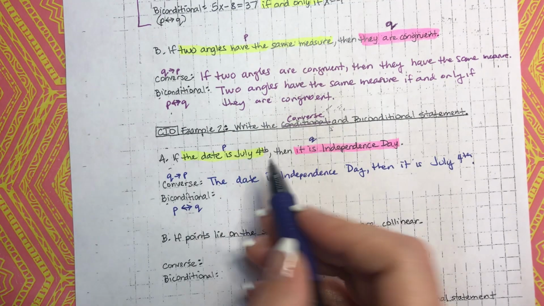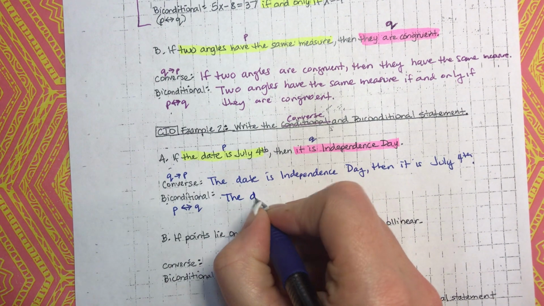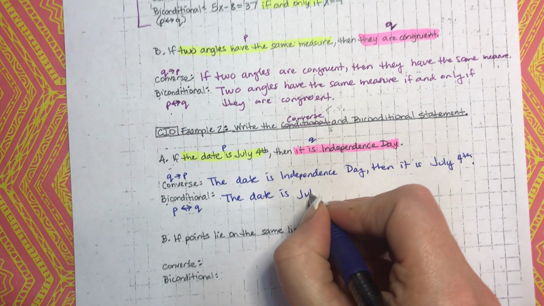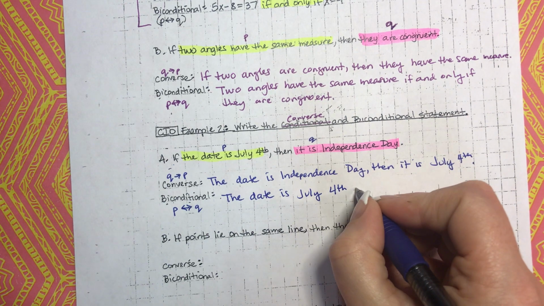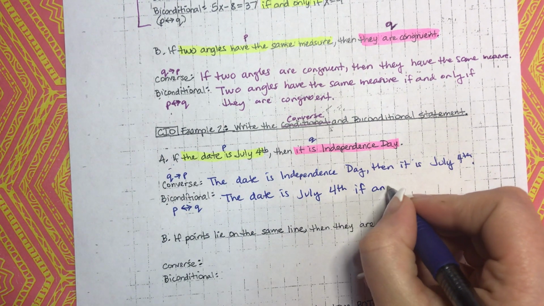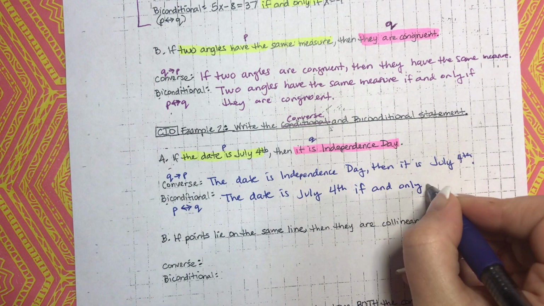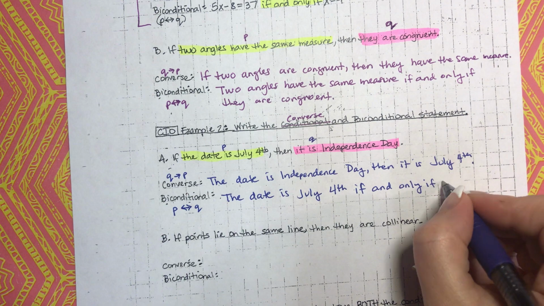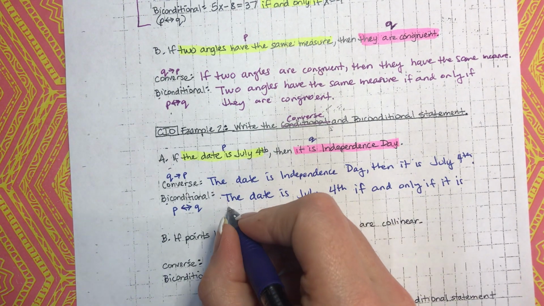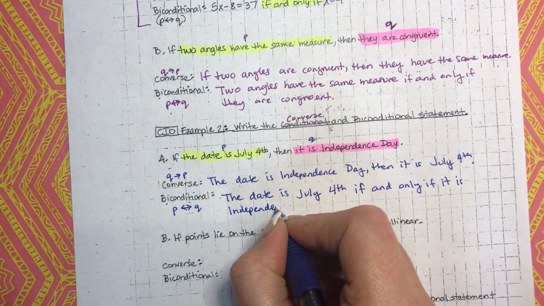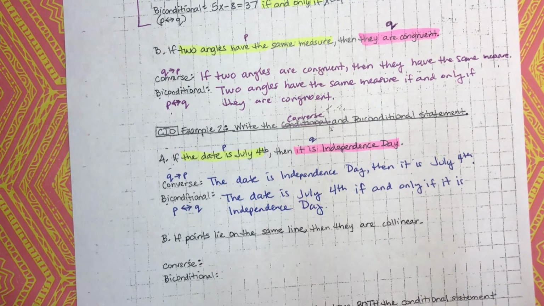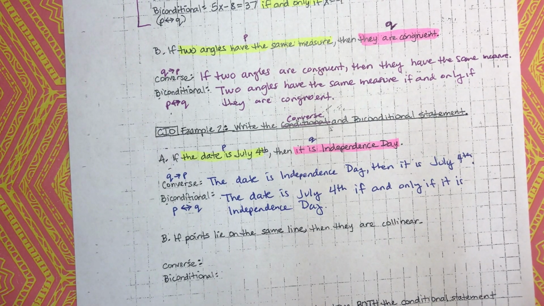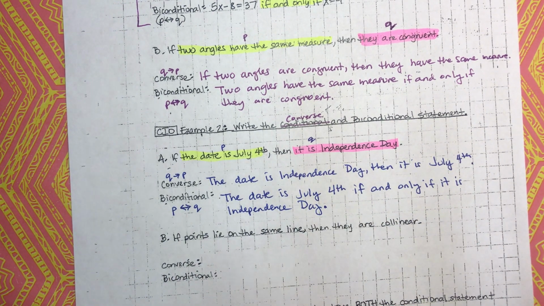So you're just going to say the date is July 4th, if and only if it is Independence Day. Good. Okay, so then we just have one more problem here.